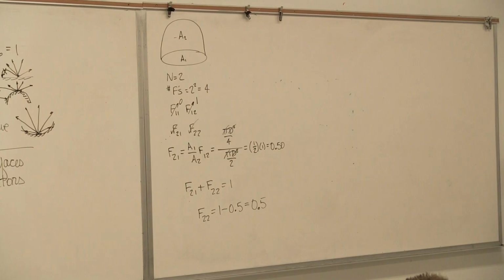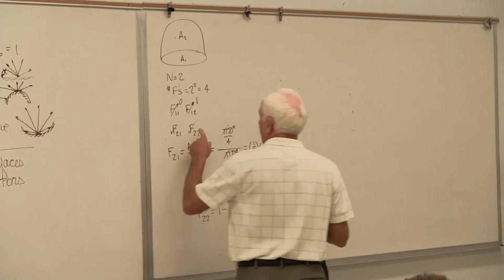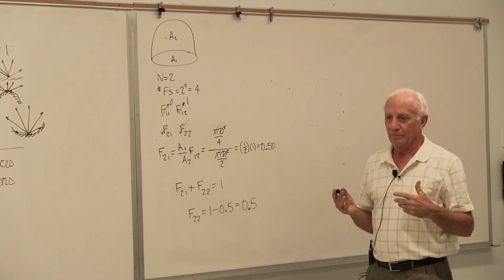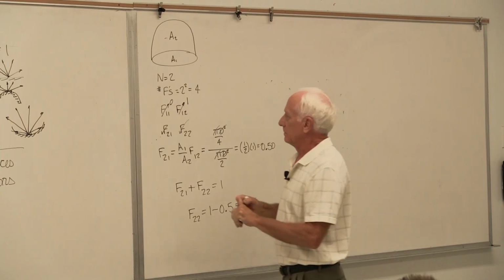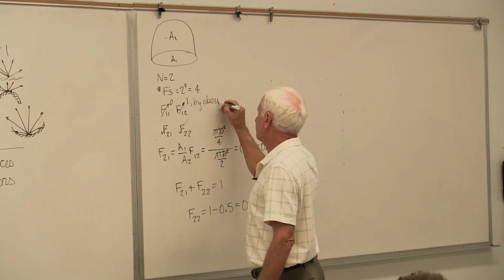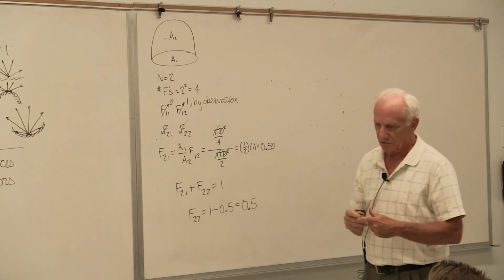Okay, so that's called view factor algebra in a way. I said F12 is 1 by what rule? By observation. I mean, where else can the radiation go that leaves surface A1?